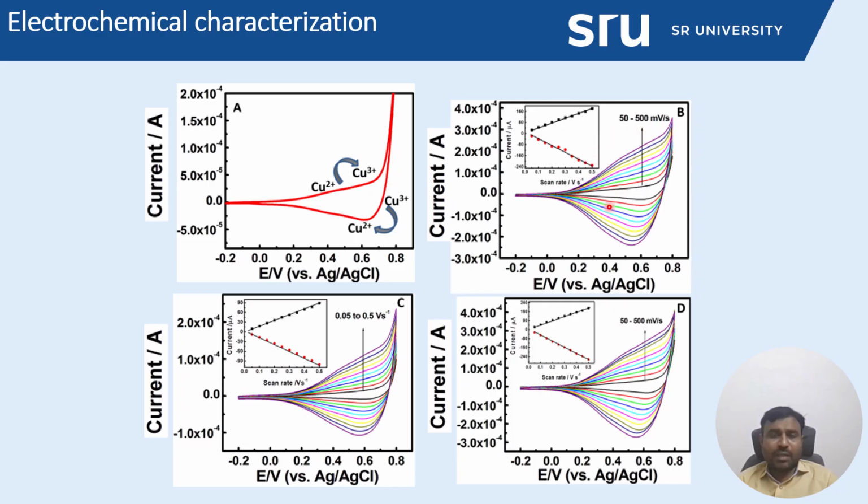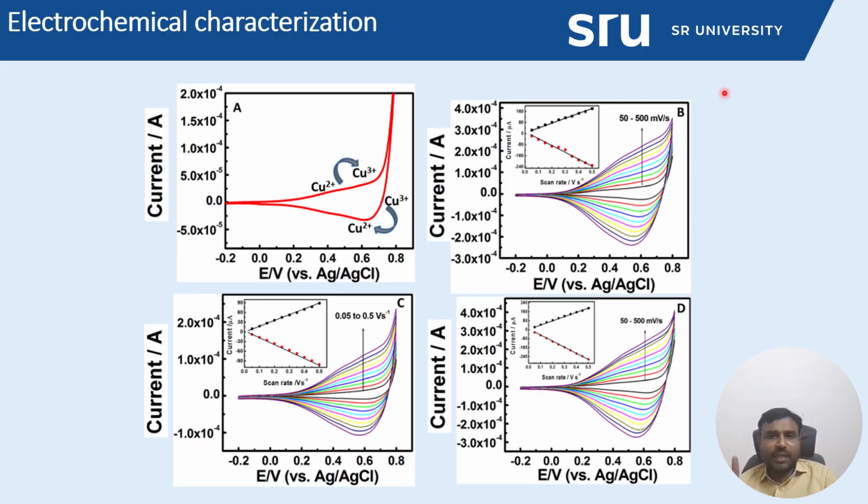So compared to the 200 microampere from water and only 100 microampere from ethanol, the mixed water and ethanol gives an oxidation peak current of more than 250 microampere. It clearly indicates that the copper sulfide derived from the mixed solvent water ethanol has good electrocatalytic and good redox property compared to the other copper sulfide materials.